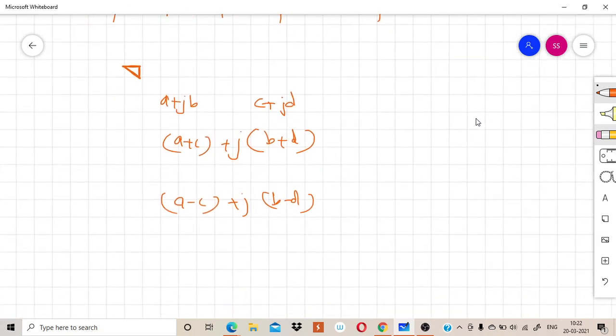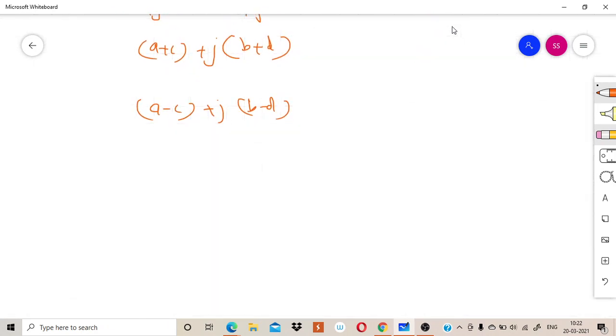Okay, and if multiplication and division is to be performed, then we prefer the polar form, or polar representation, of a phasor. Suppose the two phasors are r1 at an angle theta 1, and phasor 2 is r2 at an angle theta 2. Suppose this is my v1 phasor and this is my v2 phasor. Then v1 phasor into v2 phasor will be equal to, the magnitudes r1 and r2 you simply multiply, r1 r2.